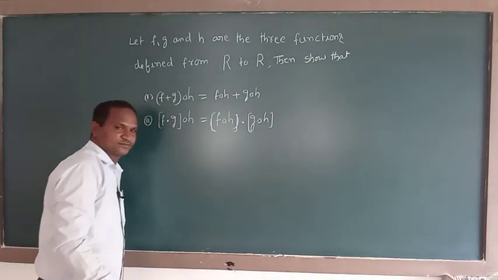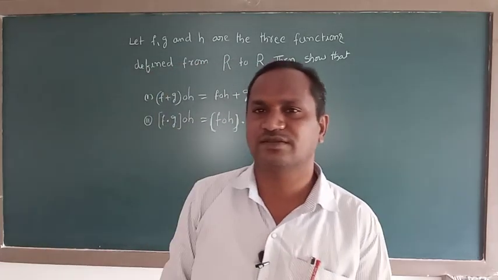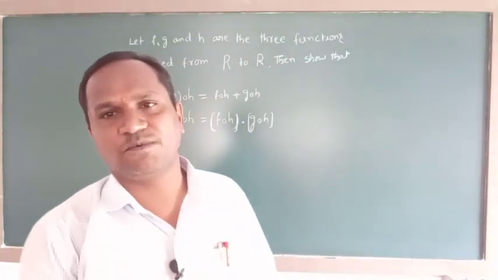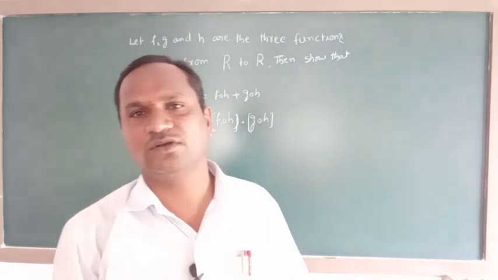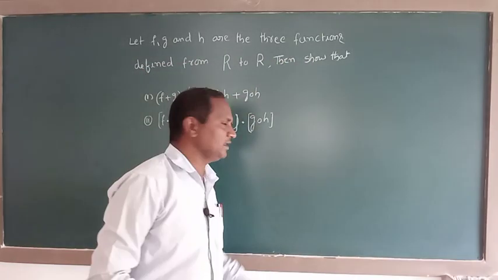Now we are going to give a proof for these two questions. The first proof is f plus g of circle h is equal to f circle h plus g circle h.